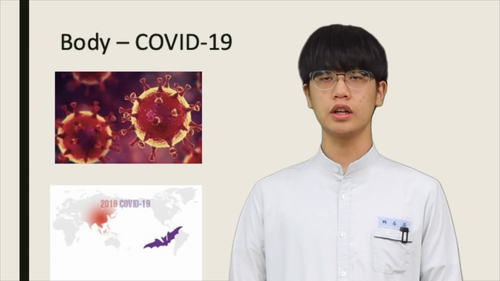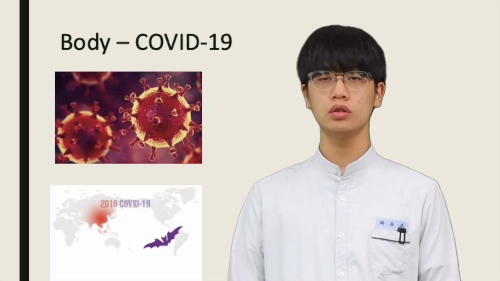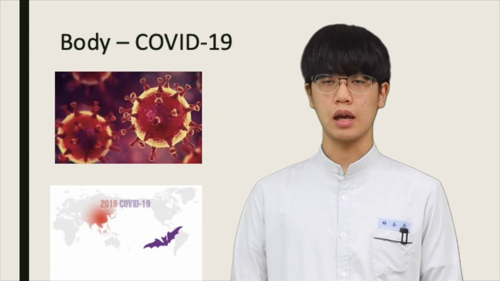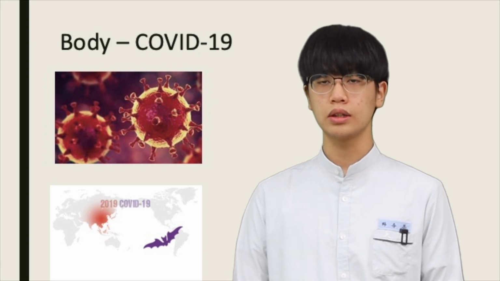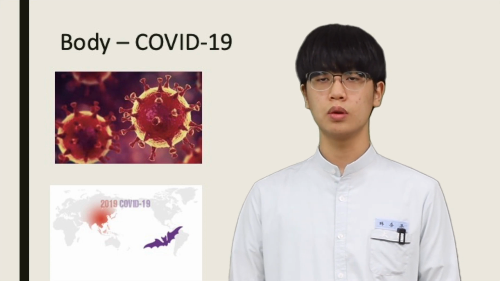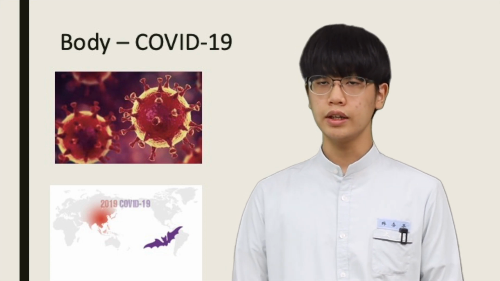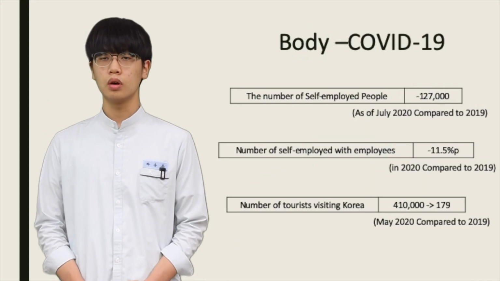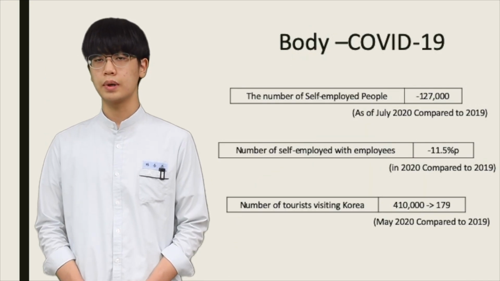COVID-19 was first studied in Wuhan, China in December 2019, and the first confirmed case in Korea came out on January 20, 2020. There are still confirmed cases and deaths worldwide. COVID-19 has had a lot of impact on the economy. The number of self-employed people decreased by 127,000 as of July 2020 compared to 2019.